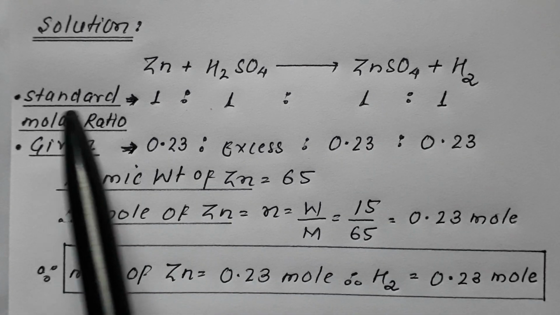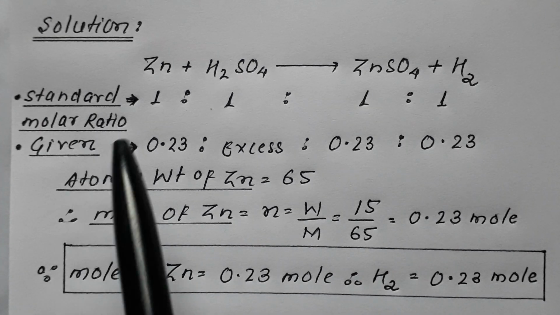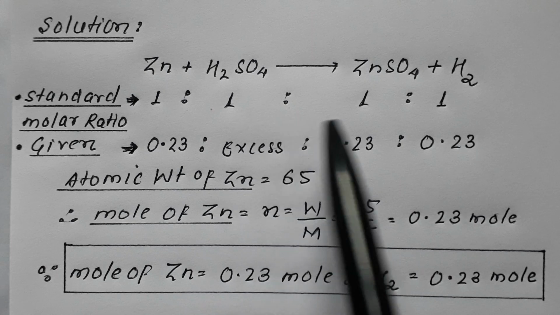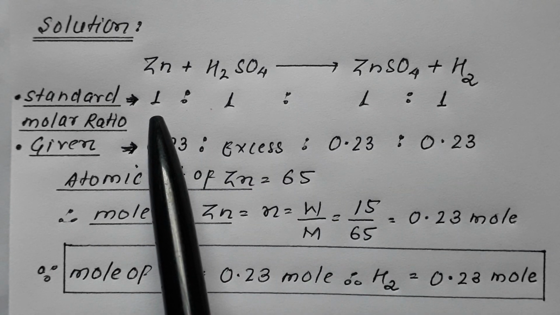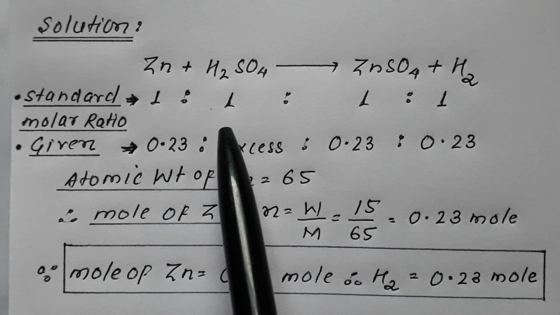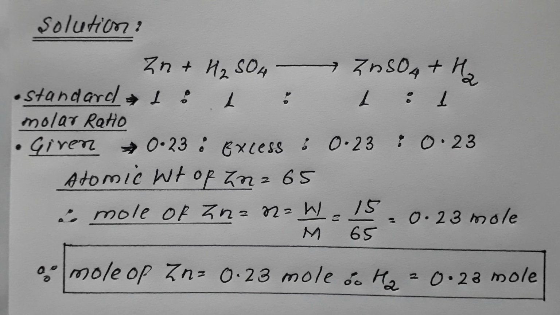So what is the standard molar ratio? The standard molar ratio is 1:1:1:1. 1 of zinc reacts with 1 of H2SO4 to give 1 of zinc sulfate and 1 of hydrogen.